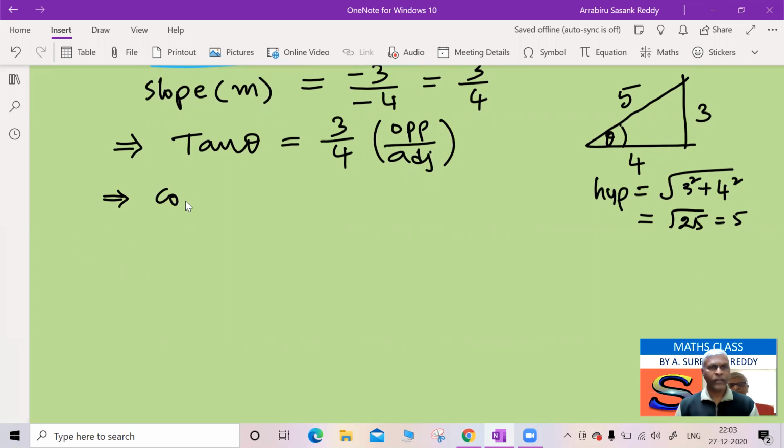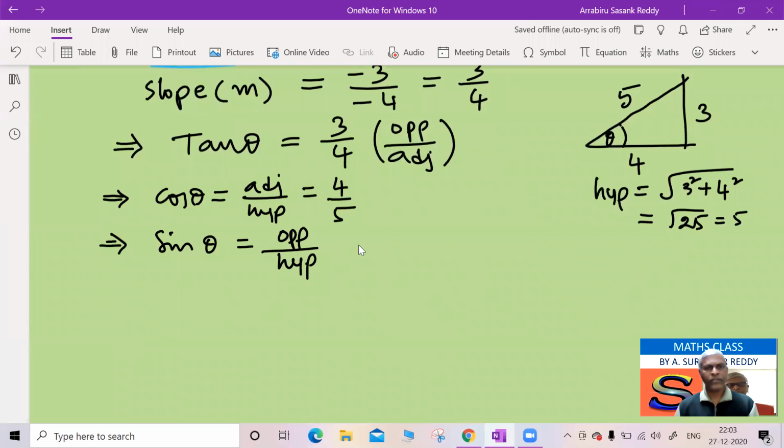From this triangle, you can write cos theta is adjacent by hypotenuse, that is 4 by 5, and sin theta is opposite by hypotenuse, that is 3 by 5.